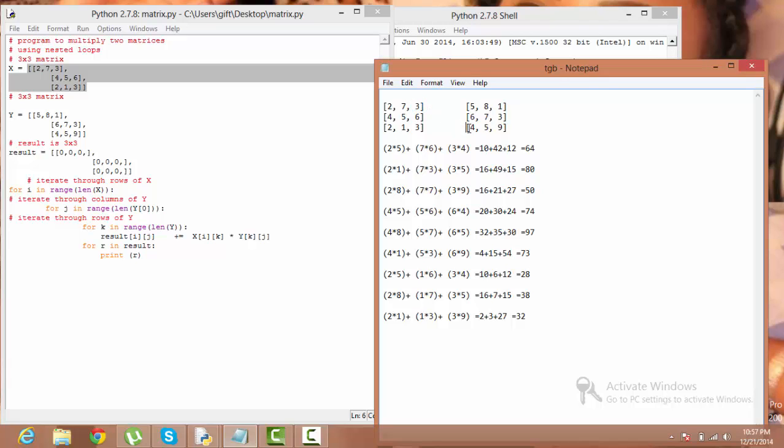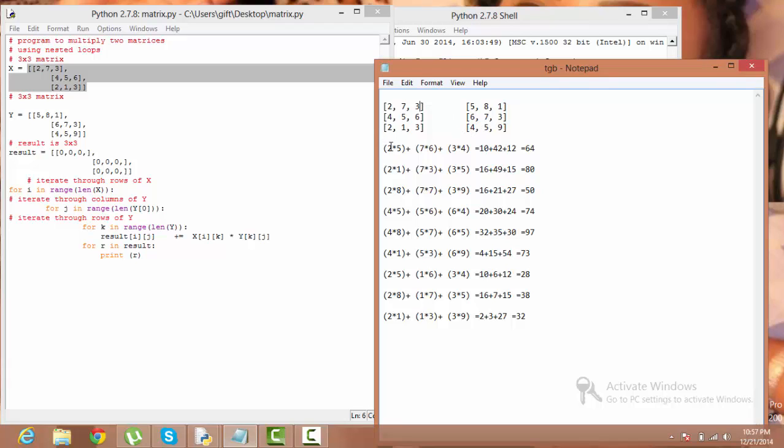multiplied by the third number in the column of the second matrix, which you see we have 2 times 5 here, plus 7 times 6, plus 3 times 4.